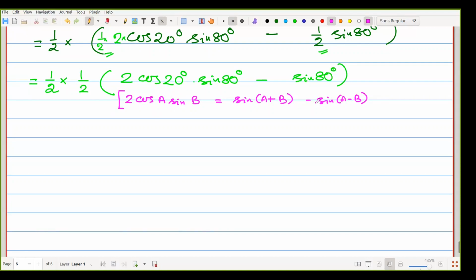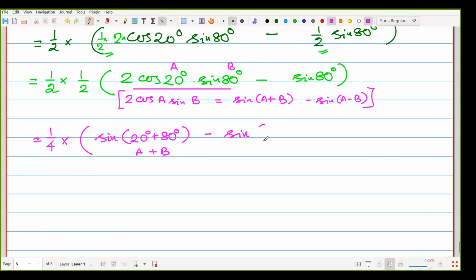Okay, so using the same formula here, we are writing 1 by 4 into the first one, sine A plus B. So that is our A, that is our B, 20 degree plus 80 degree, A plus B, minus sine of A minus B, that means 20 degree minus 80 degree, minus sine of 80 degree.